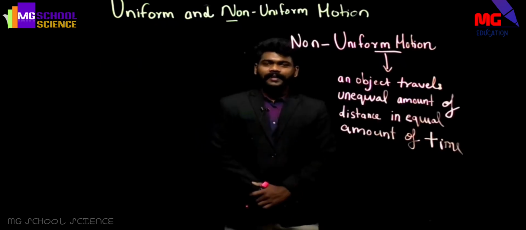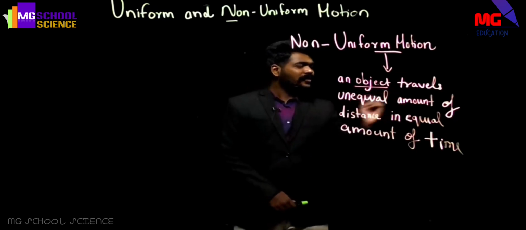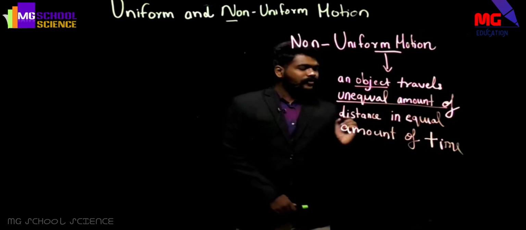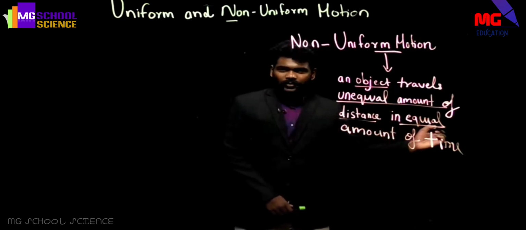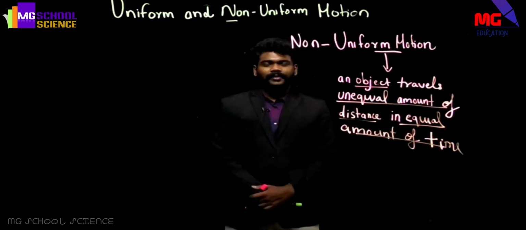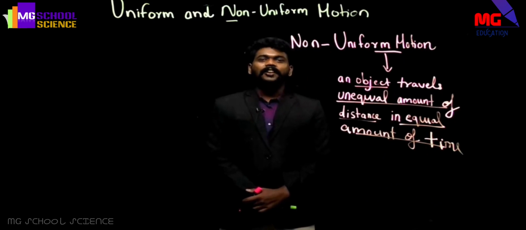Now, since we have seen what uniform motion is, we can easily define non-uniform motion. Non-uniform motion is when an object travels an unequal amount of distance in an equal amount of time. Let us visualize non-uniform motion using a graph.